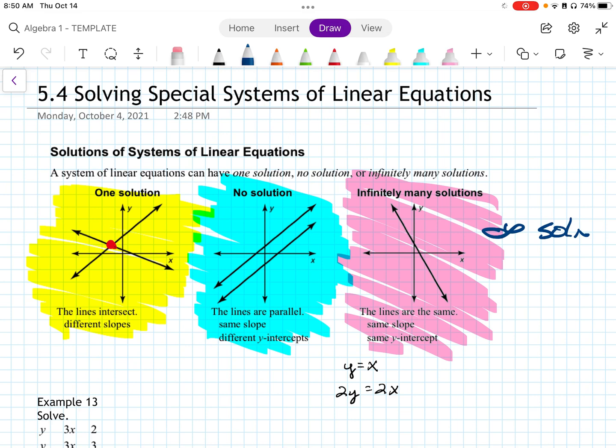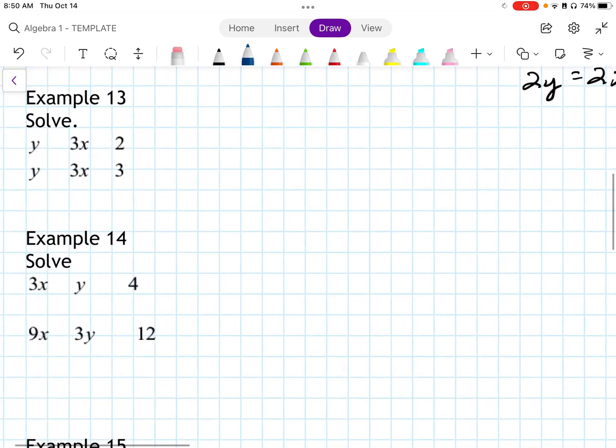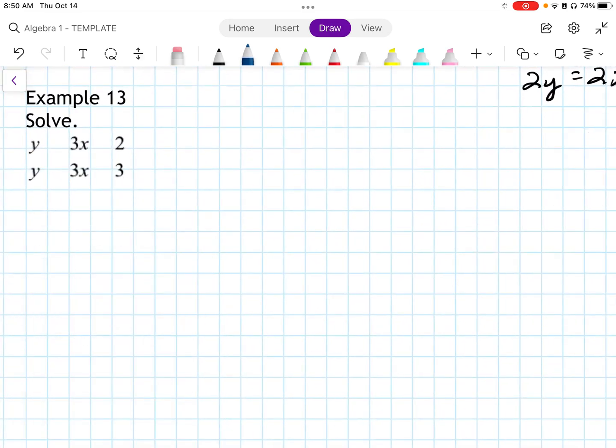So, example 13. Let's look at it. This should be y equals 3x minus 2 and y equals 3x plus 2. So we're supposed to solve this. And let's look first. They have the same slope, which means that they're parallel, right?